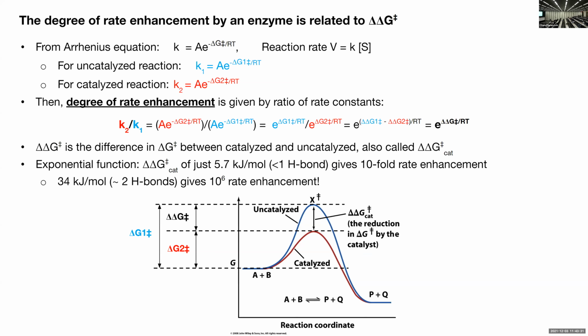One of the important things is that we defined the delta G double dagger as well as delta G. So you should be able to distinguish these changes and understand what they mean. Basically, that's all about defining the free energy of activation, right?